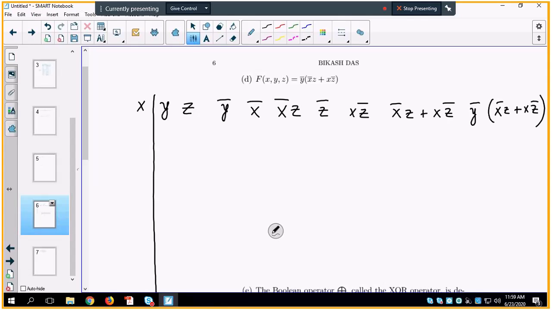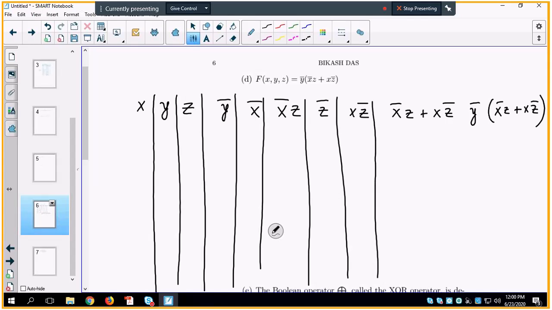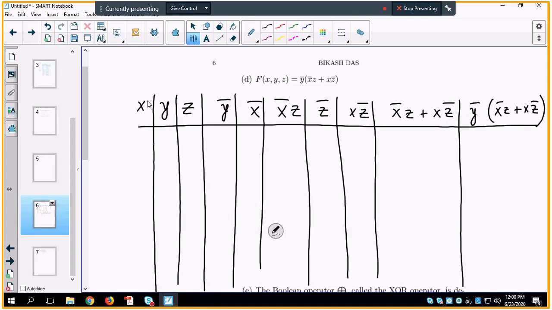So we're going to create the table first and then put the truth values in. So remember, we will have 4 T's. Actually, should be writing 1s and 0s.